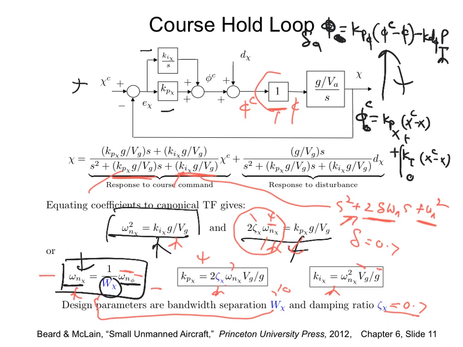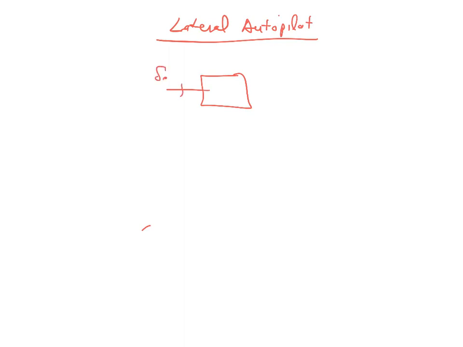What we have learned here is basically two things. This is the lateral autopilot. I think there is one more, side slip, but in the lateral autopilot we are controlling the roll and course. The first loop is the roll loop, which is delta aileron to phi.